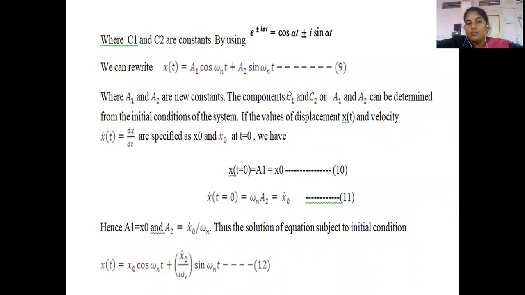Below this write down, where a1 and a2 are new constants. The components C1 and C2, or A1 and A2, can be determined from the initial conditions of the system.